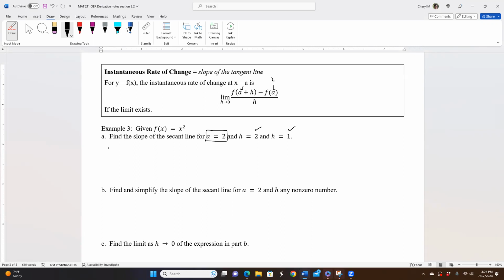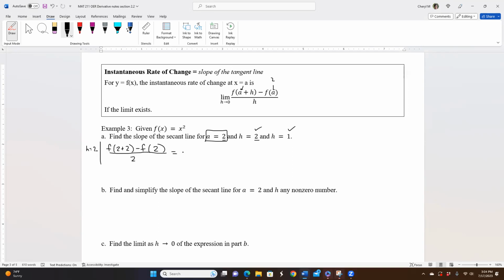The slope of the secant line would be f of a plus h, in this case 2 plus 2, minus f of a, which is 2, divided by h, which is 2. So this is when h equals 2.